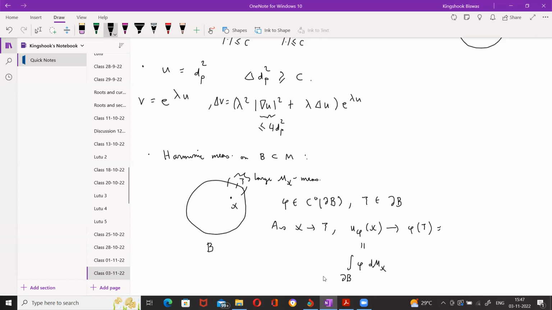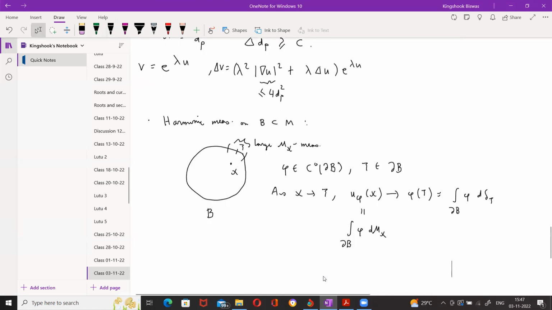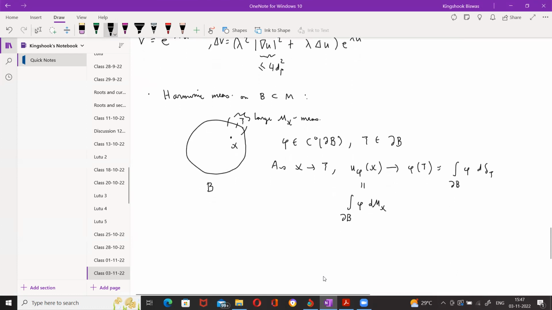This is the integral of phi with respect to the Dirac measure at xi. So what does this mean? By definition of weak convergence of measures, this means that the measures mu_X converge weakly to the Dirac measure at xi.